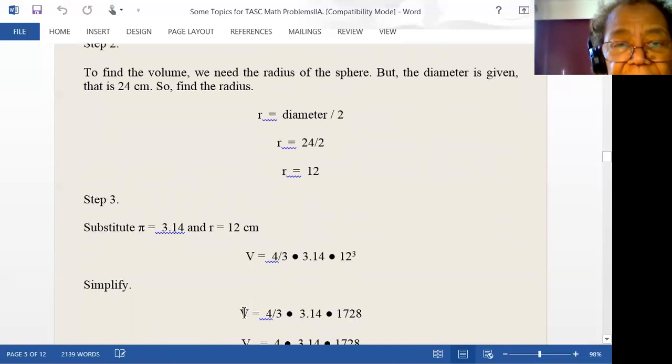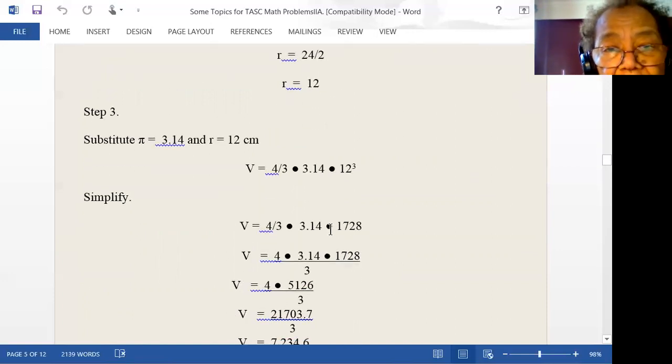Now we can just plug that into the formula: 4/3 times pi, 3.14, times the radius 12 raised to the third power, or radius cubed. 12 to the third power would be a calculator-type problem on your TASC test. You plug in the 12 and the power, and you should get 1,728.